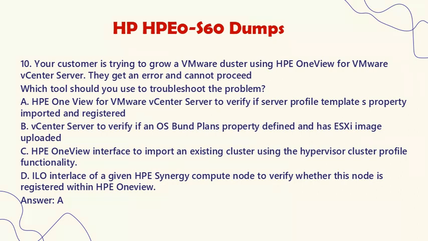B. vCenter Server to verify if an OS bundle plan property is defined and has SSH image uploaded. C. HPE OneView interface to import an existing cluster using the hypervisor cluster profile functionality. D. iLO interface of a given HPE Synergy compute node to verify whether this node is registered within HPE OneView. Answer: A.